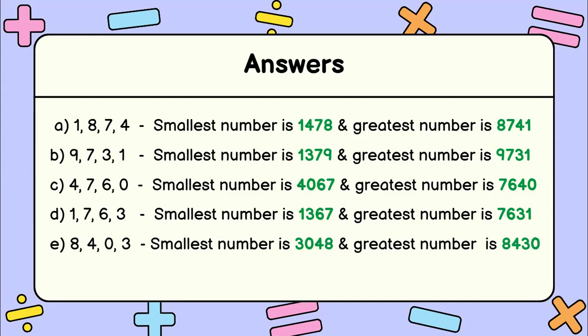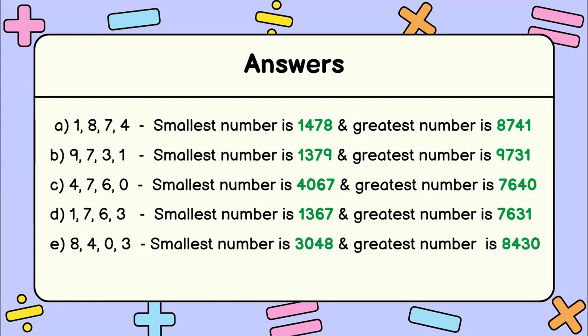We place the 0 after the smallest non zero digit. That makes 4067. In the greatest number, we made 7640. 7 is the largest, 6 is the second largest, 4 is the third largest, and 0 ends our number.